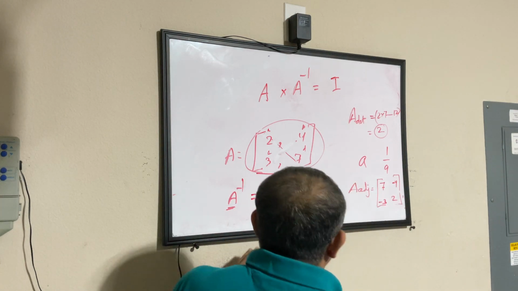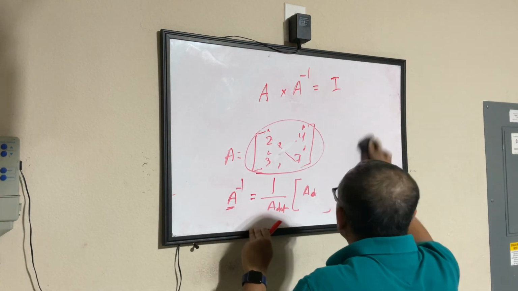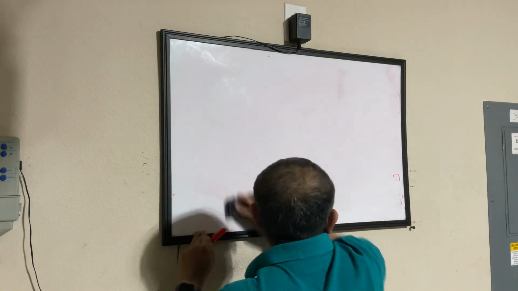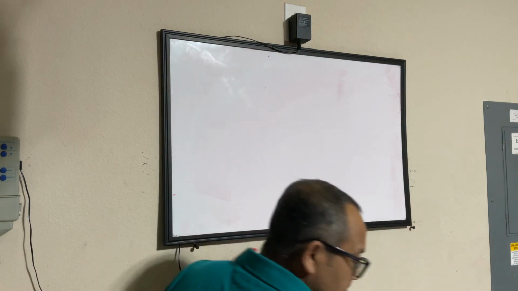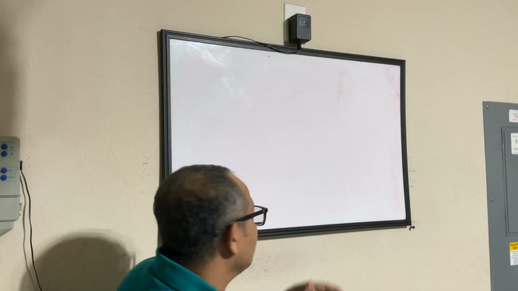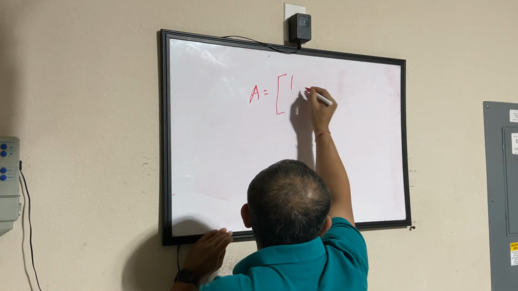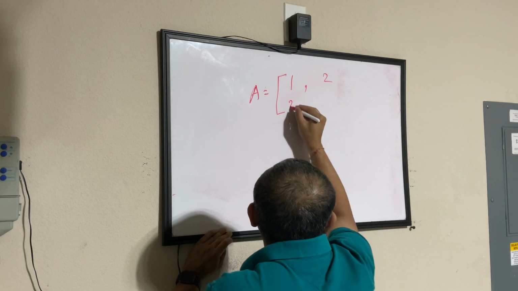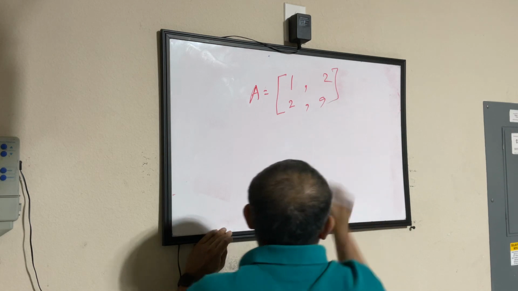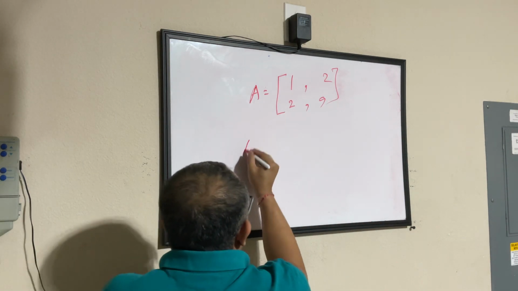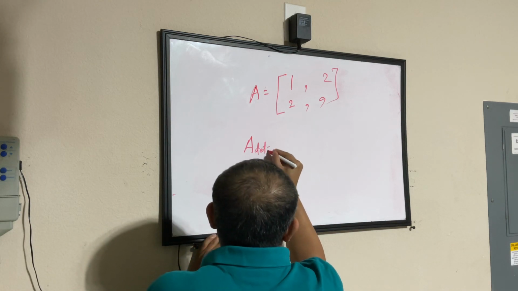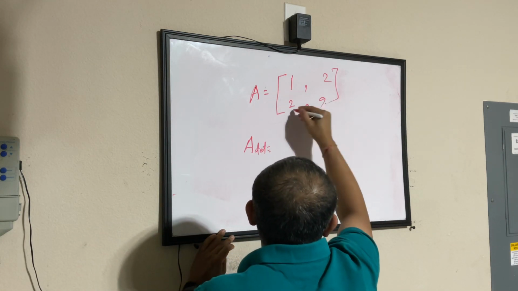So let's come back to what we know from this matrix, what the definition of these terms is and how we calculate that. Going back to the same thing, if I have a matrix, let's say 1, 2, 2, 9, okay. My determinant of this matrix would be this times this minus this times this.